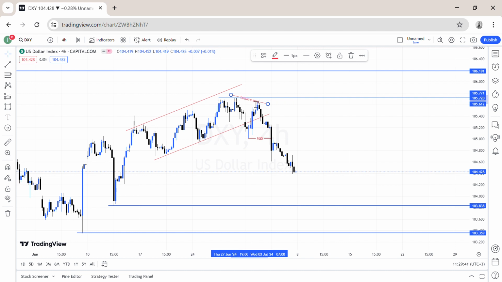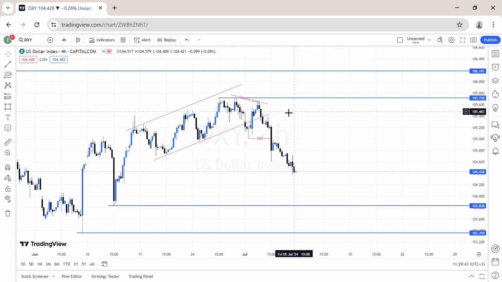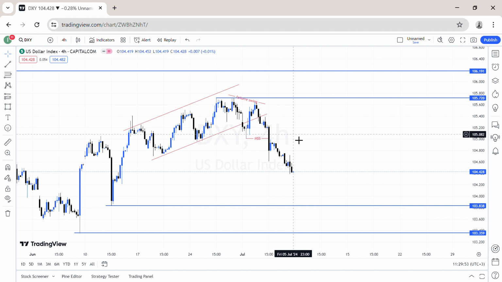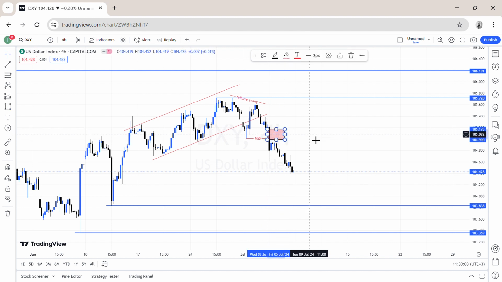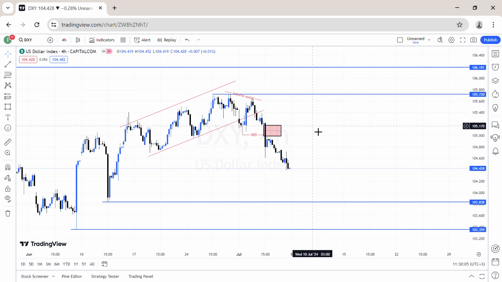So this failure swing dropped down and changed the character, the market structure shift, with a fair value gap right there. So at this point, you would automatically, obviously and clearly have the bearish argument in mind.